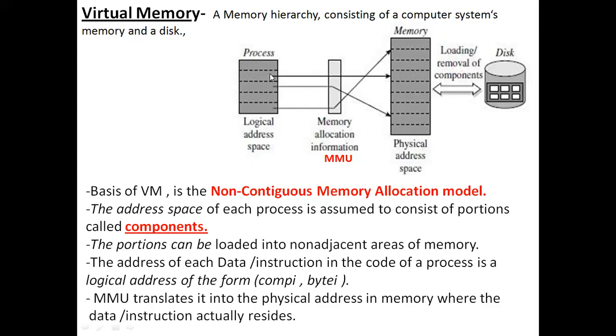For example, the second component is stored in this frame, and the last page is stored in the first frame of the main memory, etc. Regarding address translation, we go for this logical address to physical address translation, of the form component i, byte of the ith process.